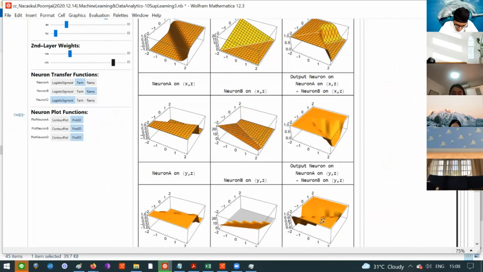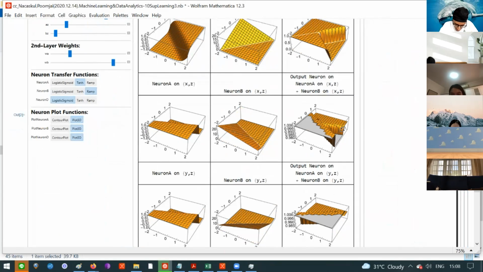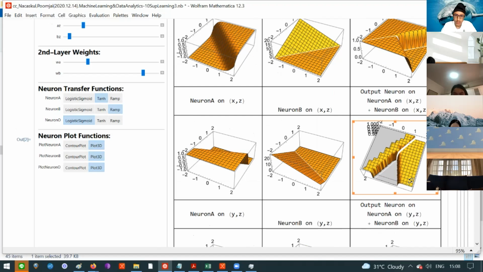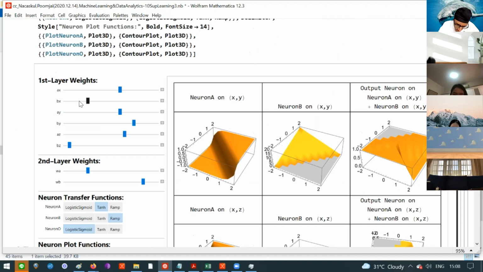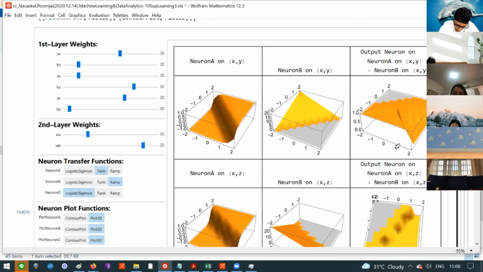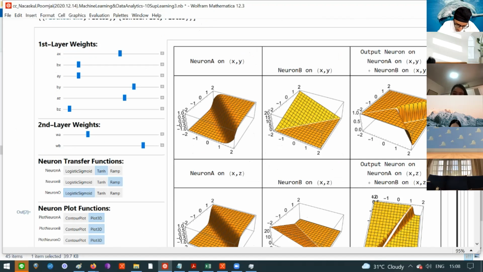The point is I can create all kinds of funny functions. Look at this function. Look at this guy. It's creating a wedge that some data can be in here or some data in that pocket and all kinds of things. Okay, and I can use different functions and all kinds of stuff. Well, that's the whole point.